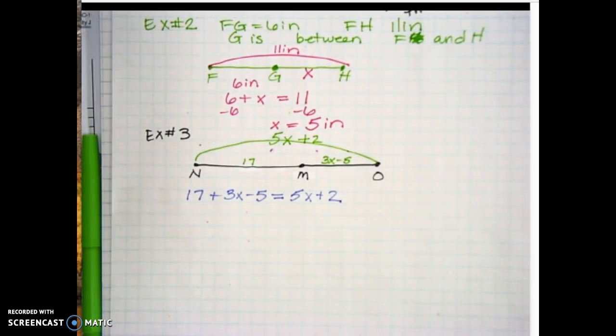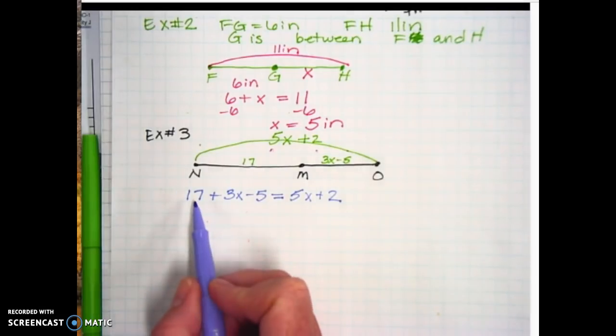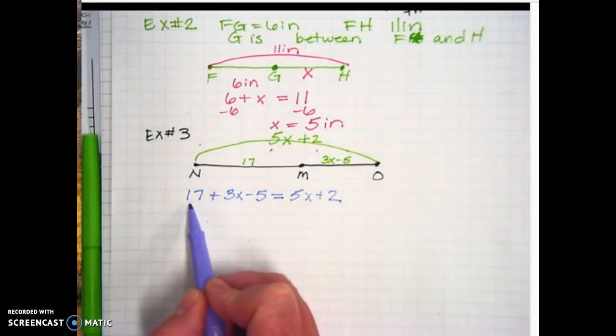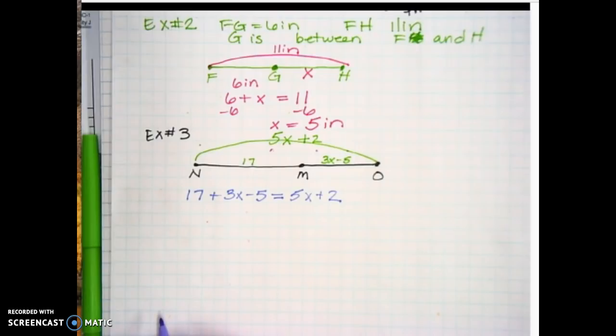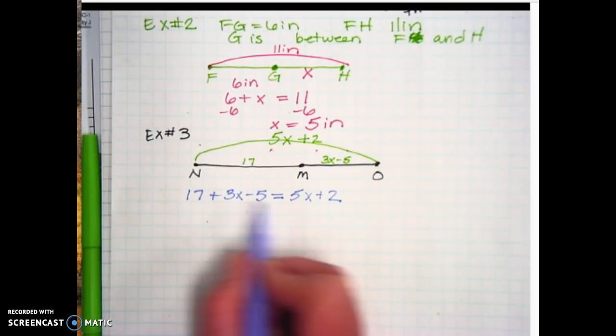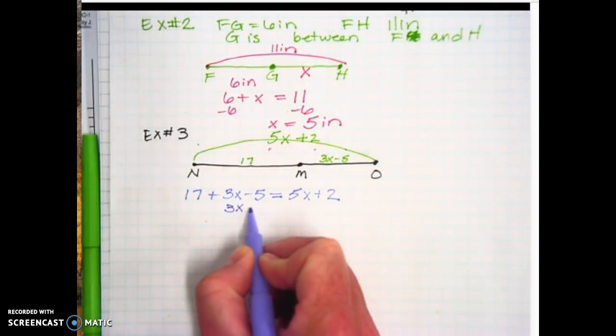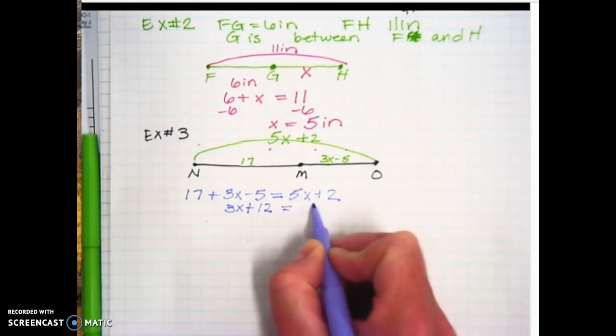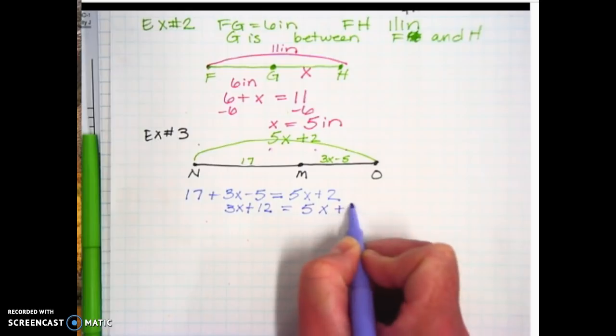Okay, so this is combining a geometric concept with an algebraic concept. Okay, so you got to pull out of your brain your algebra, right? So let's combine these like terms. We have a 17 minus 5, which is what? 12. So 3x plus 12 on the left, and 5x plus 2 on the right.